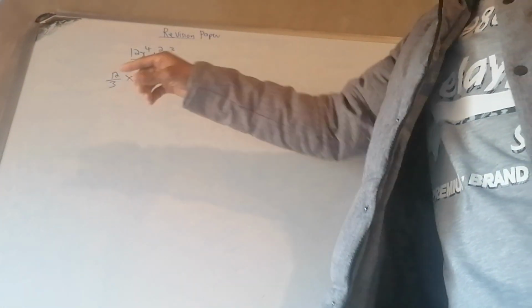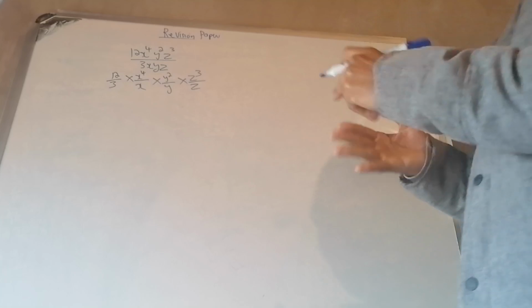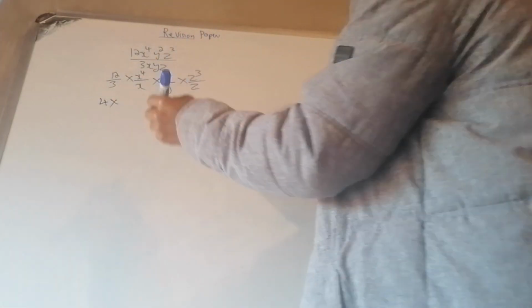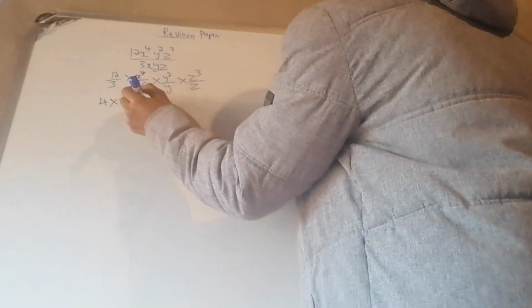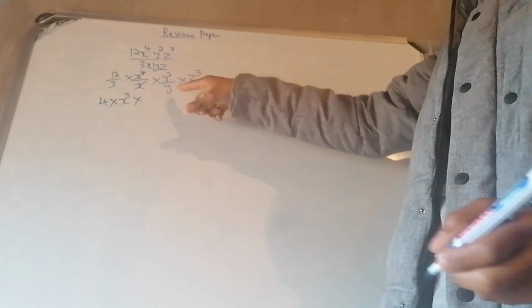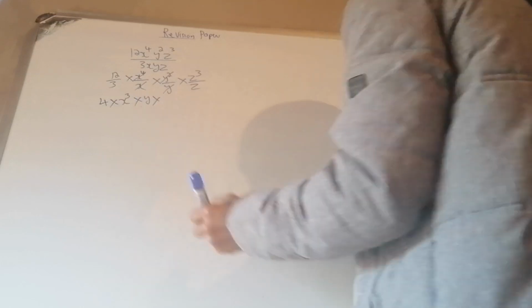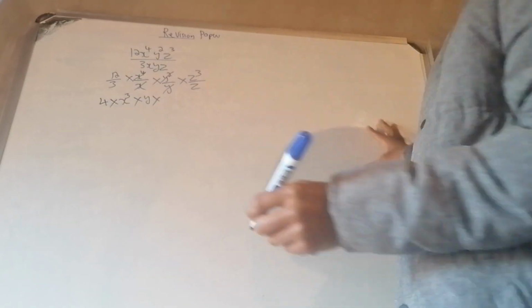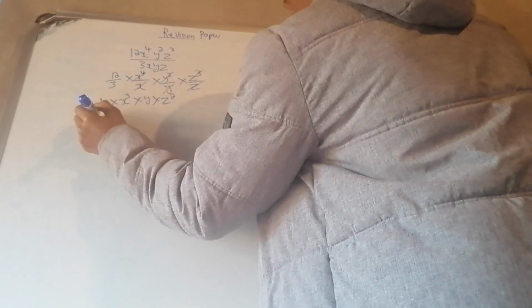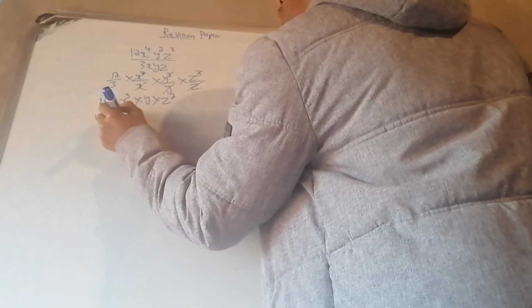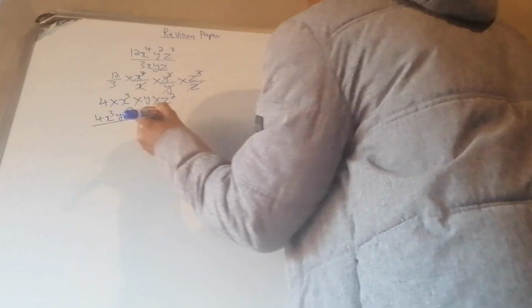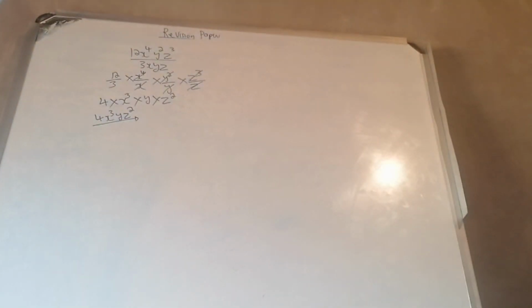Now 12 divided by 3: 3, 6, 9, 12, so it is 4. For x we have 4 and 1, cancel and remain with 3. For y we have 2 and 1, cancel and remain with 1. For z we have 3 and 1, cancel and remain with 2. The answer is 4x cubed y z squared. And then you are done.